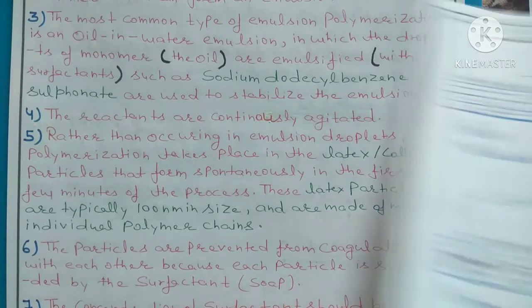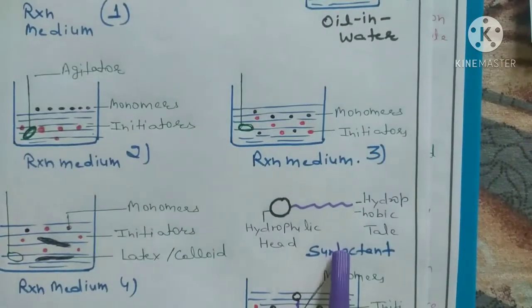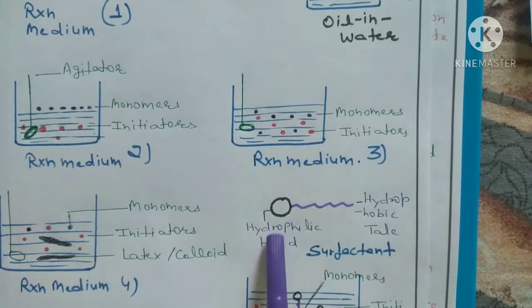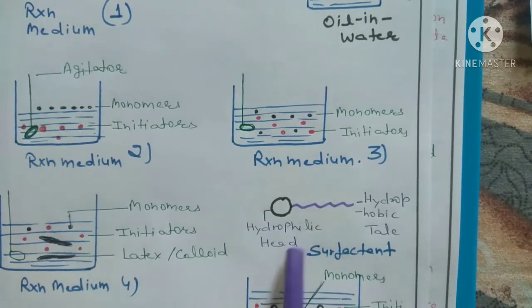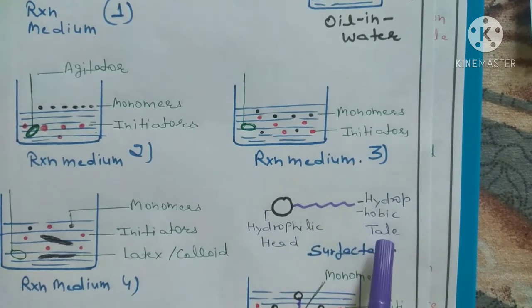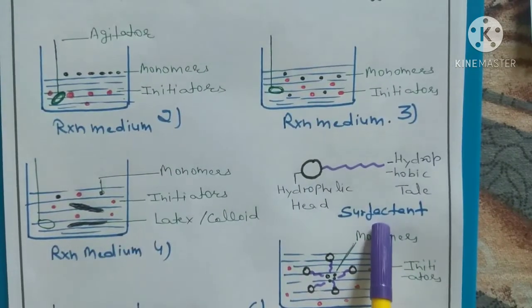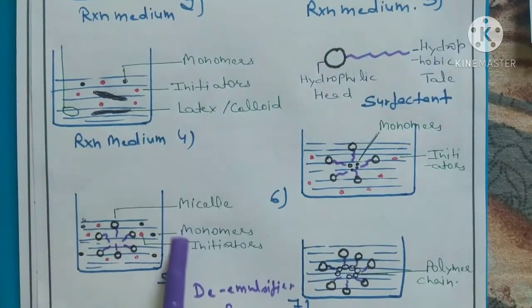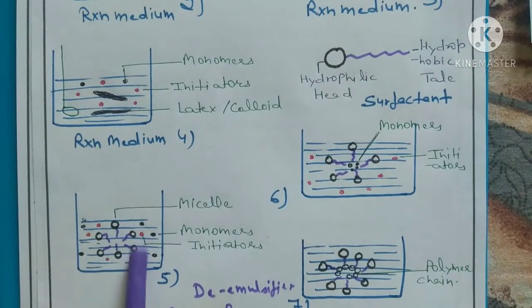Now the word surfactant means surface active agent. It has a hydrophilic head which is water loving and a hydrophobic tail which is water hating. So we add this surfactant into the reaction medium and it will form micelles. This is a micelle.